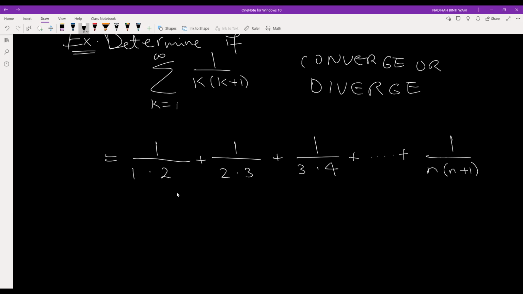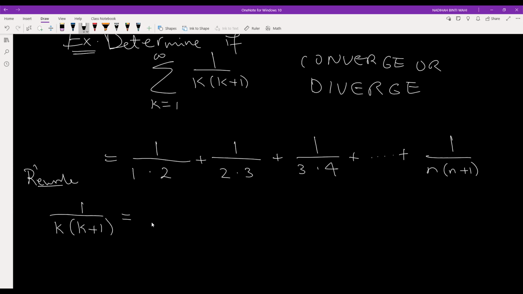All right, so if I want to rewrite this, I can also write this in terms of 1 over k, k plus 1.